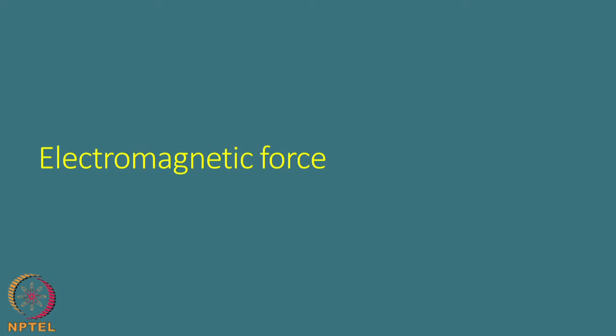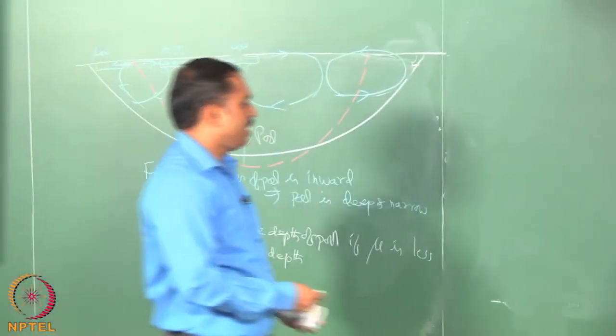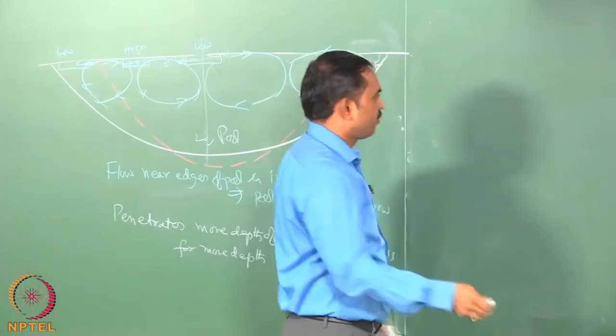Let me just erase it so that we can come to the end of this lecture with some more body force effects. The other body force that is going to play a role in the convection is the electromagnetic force, the Lorentz force.